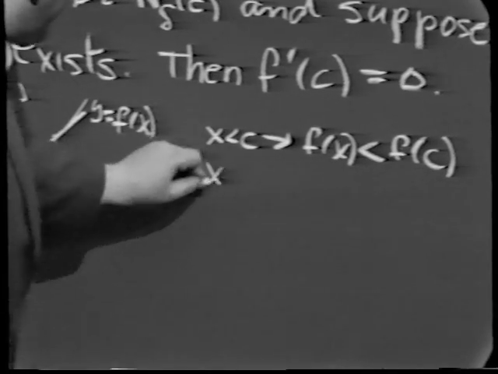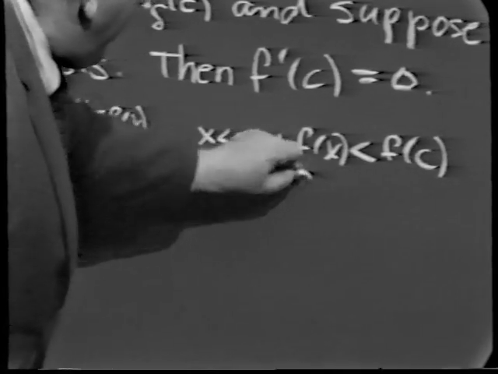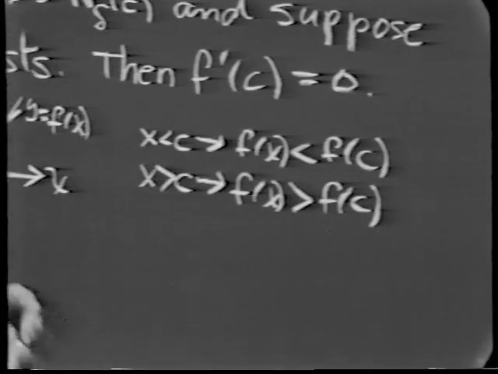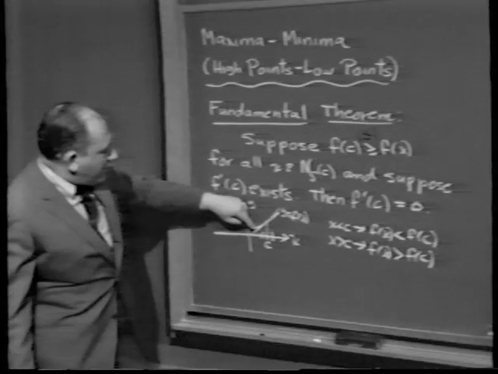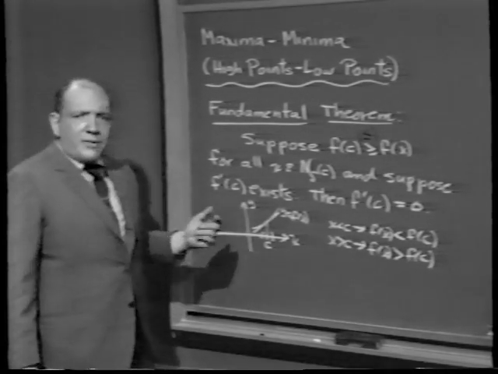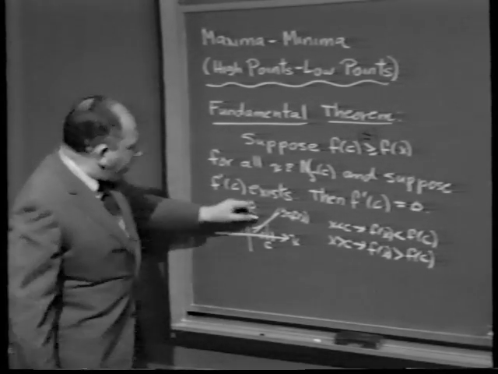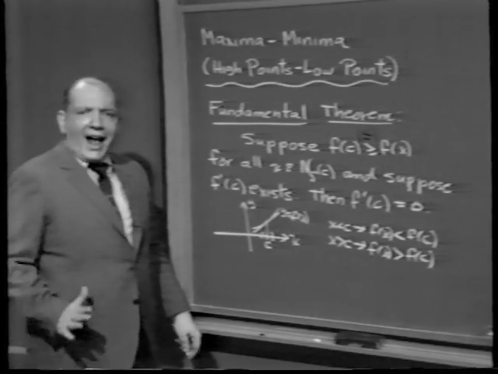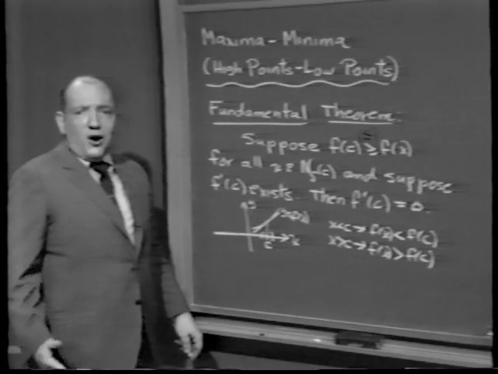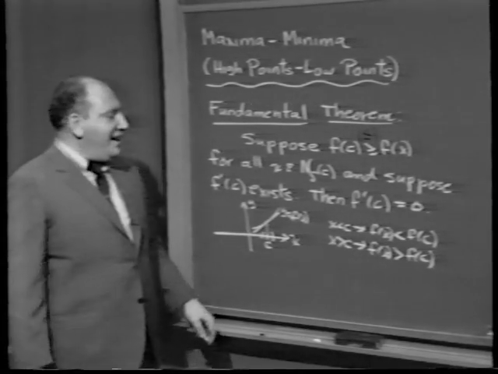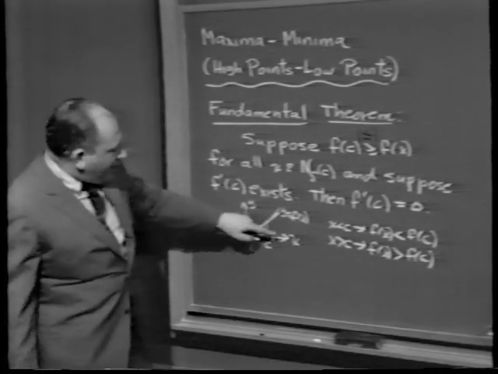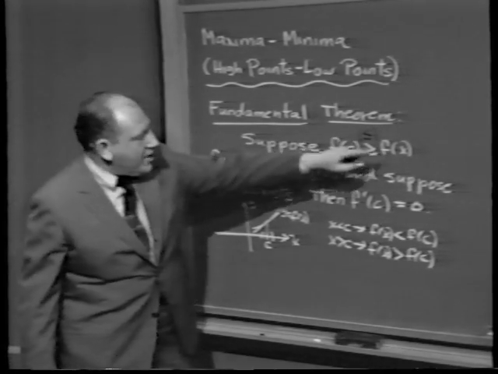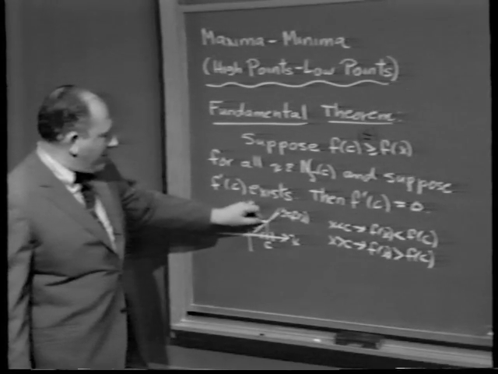And if x is greater than c, f of x is greater than f of c. In other words, if the derivative is positive, it means that the curve is always rising, and hence the point in the middle of that neighborhood cannot be the highest point in that neighborhood, nor, for example, can it be the lowest point. In fact, a similar argument holds if we want to illustrate that f of c is less than or equal to f of x in this particular neighborhood.